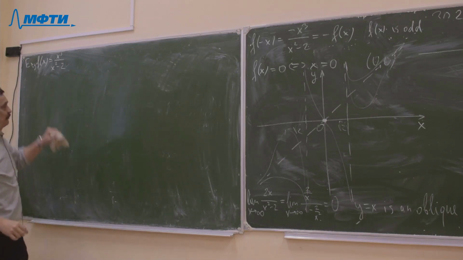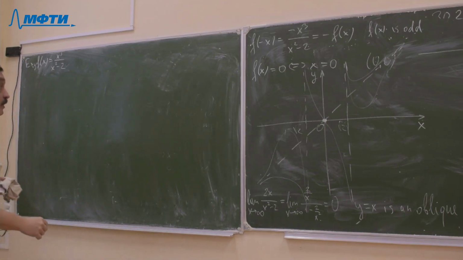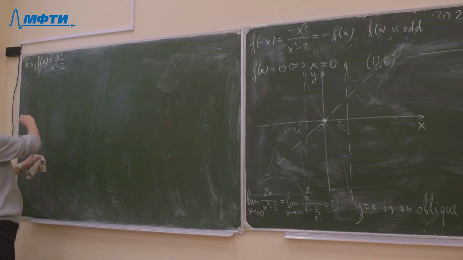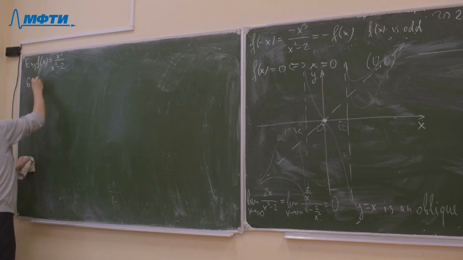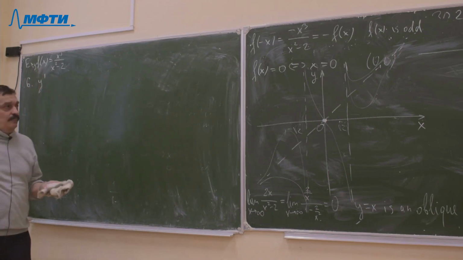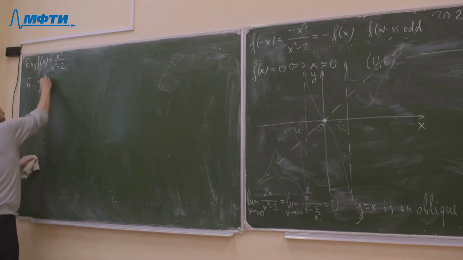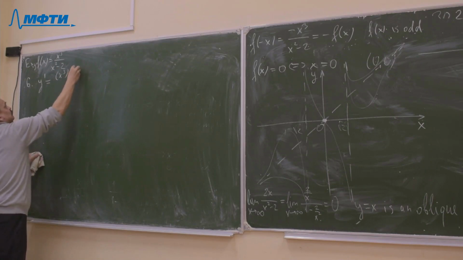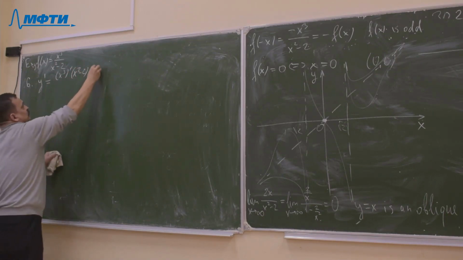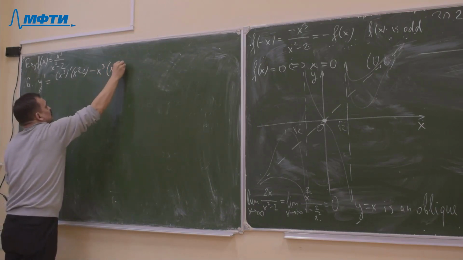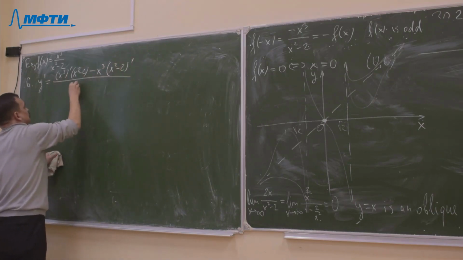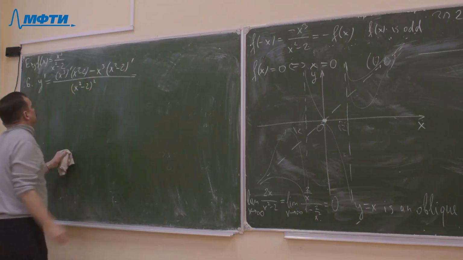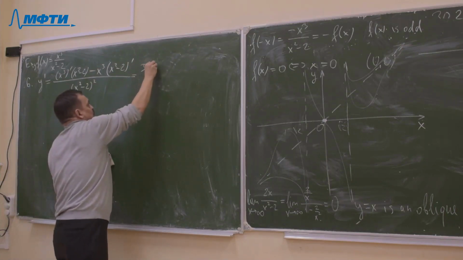I want to draw the graph of the function y equals f of x. So sixth step, y prime. By the rules, the derivative of the numerator times the denominator minus the numerator times the derivative of the denominator, over the square of the denominator. We compute 3x squared.